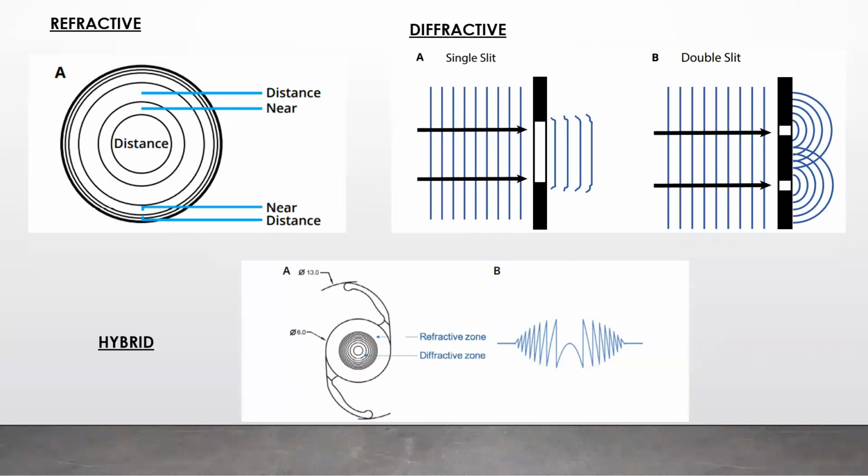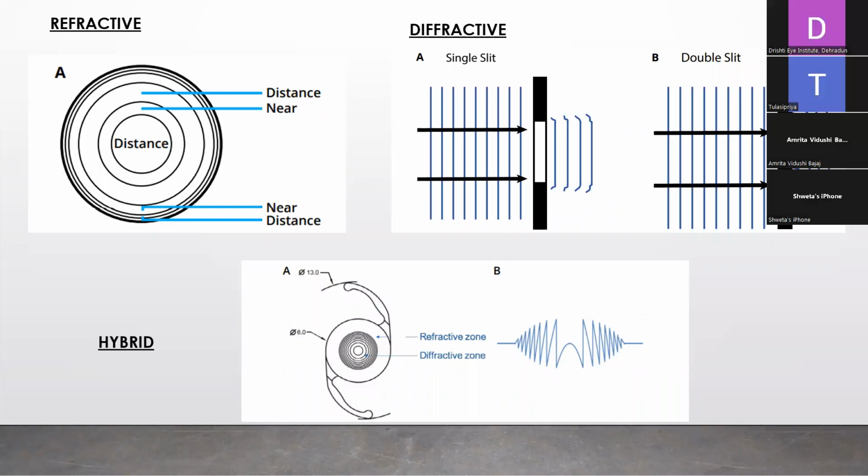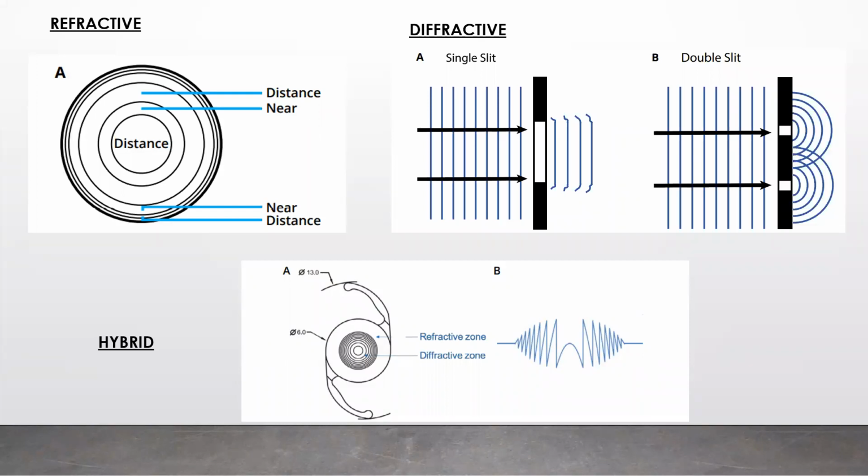Any type of multifocal lens is broadly divided on two principles, refractive and diffractive. In a refractive lens, there are multiple rings, and these different rings focus on different distances, giving the desired vision at various distances. This is mainly based on Snell's law, and the rays are bent to a desired focal range.